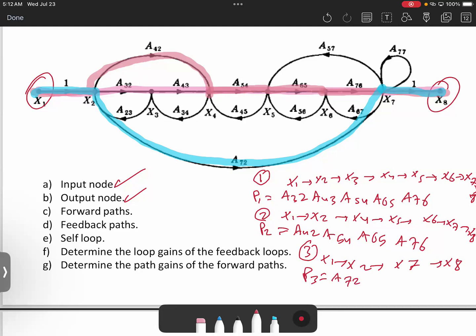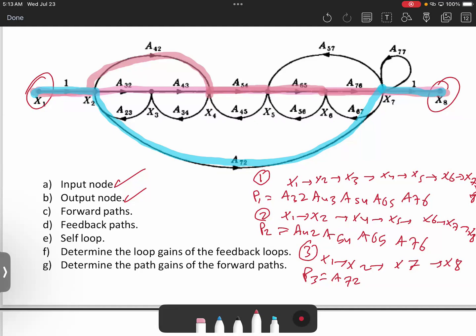No, that's it. Okay, how about, is there any other possibilities? Let me think about this. X1, X2. Let's see.